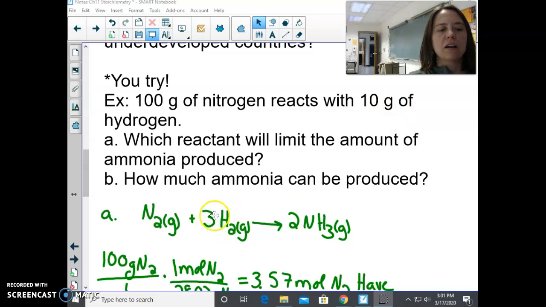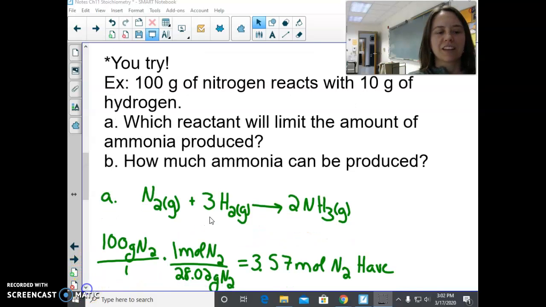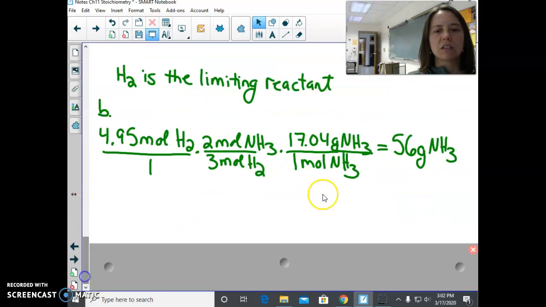And for every 3 moles, you get 2 moles of ammonia. So 5 moles of hydrogen, times 2 is 10, divided by 3 is about 3. So we'd have about 3 moles of ammonia. And each mole is about 17 grams, so I'll round that to 20, which is 3 times 20, about 60 grams. And we got roughly 60 grams, so we got a reasonable answer.